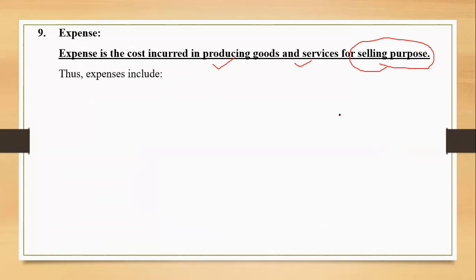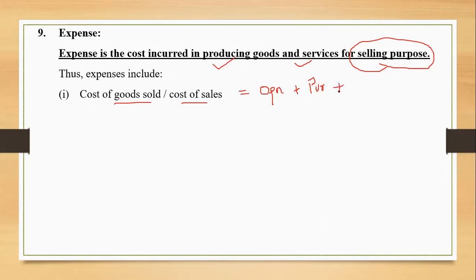Thus, expenses include so many things. Cost of goods sold, cost of sales, wherein the purchase of goods is there. The formula for this particular COGS is: opening stock of goods, plus the net purchases, that is purchases minus purchase returns, plus the direct expenses.